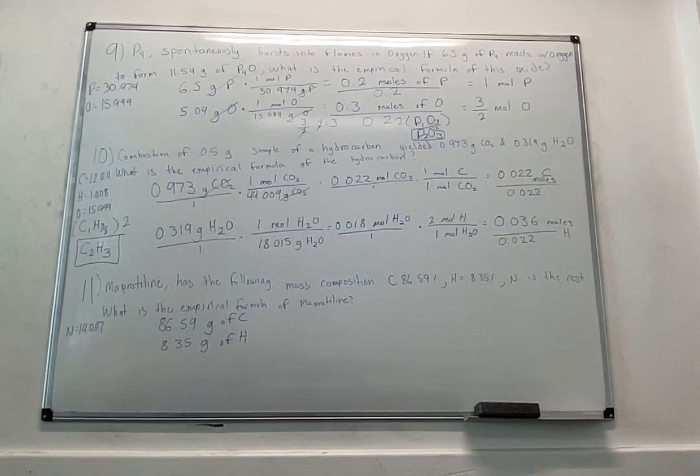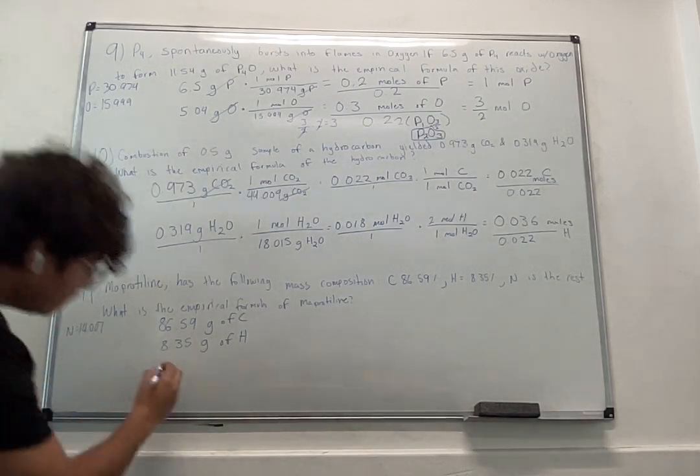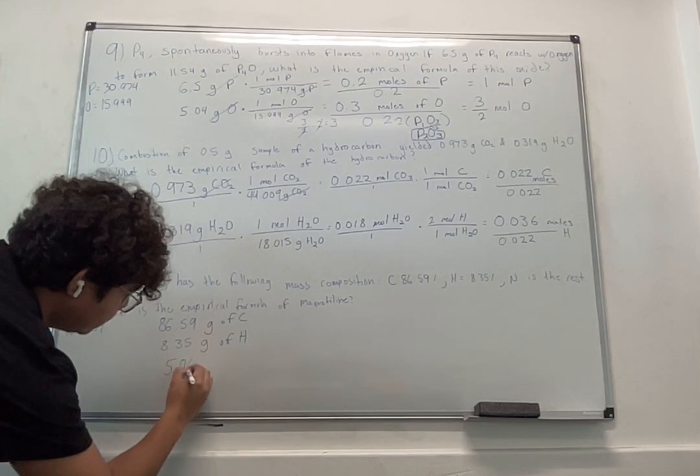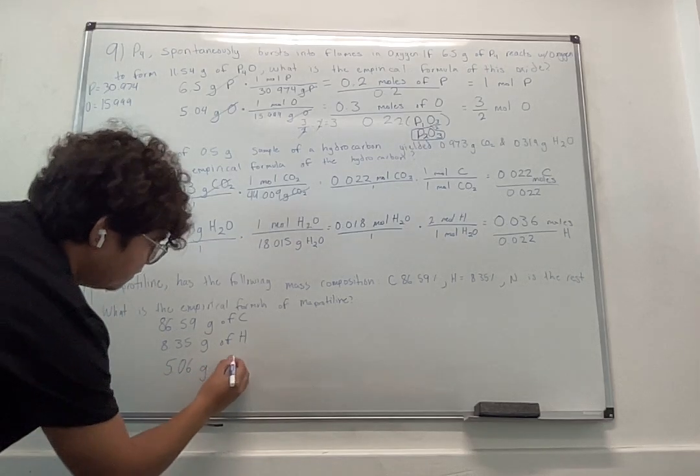But remember, we're treating this like it's out of 100 grams. So you do 100 minus 94.94. That gives us 5.06 grams of nitrogen.